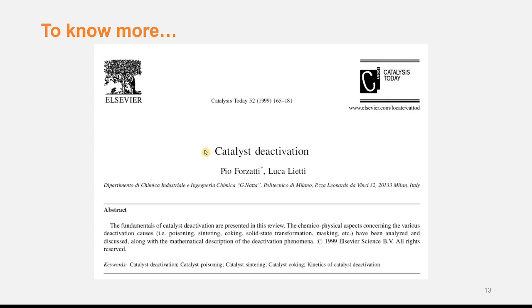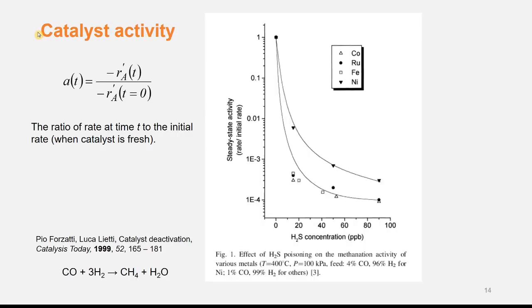If you want to find out more about catalyst deactivation, then this review article is a good one to read. We will define catalyst activity as they did in their paper. Catalyst activity, A of t, is defined mathematically as the rate of reaction at some time t divided by the rate of reaction at some initial time t equal to 0.